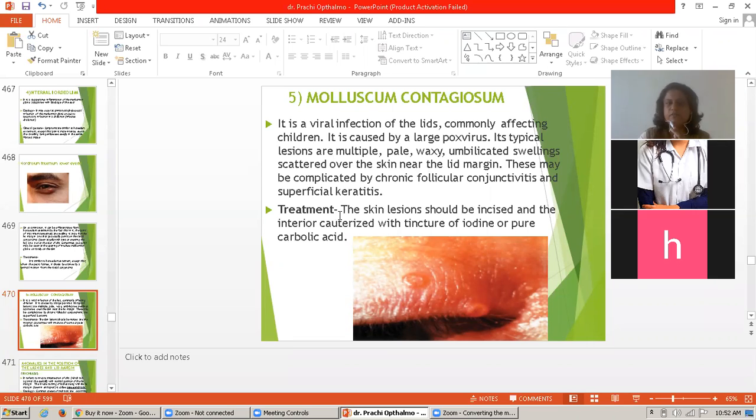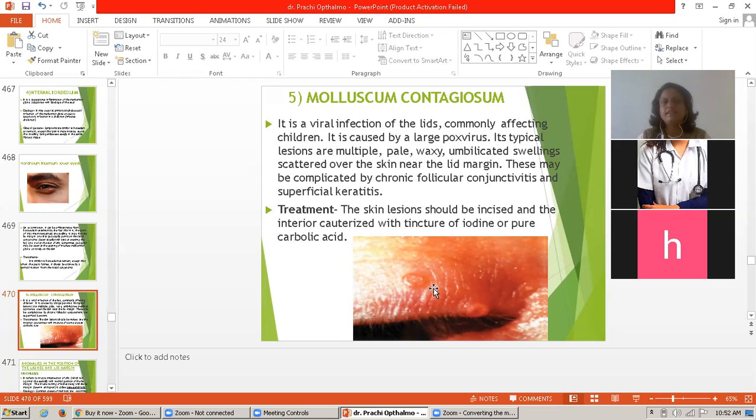The treatment of the molluscum contagiosum is that the skin region should be incised and the interior cauterized with the tincture of iodine or pure carbolic acid.